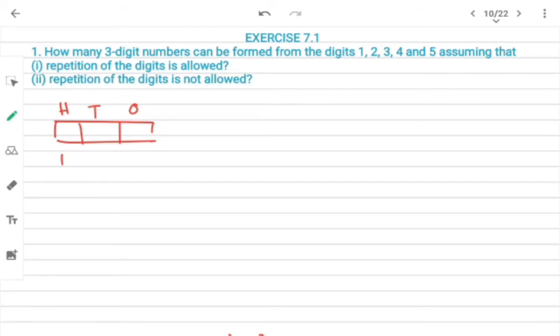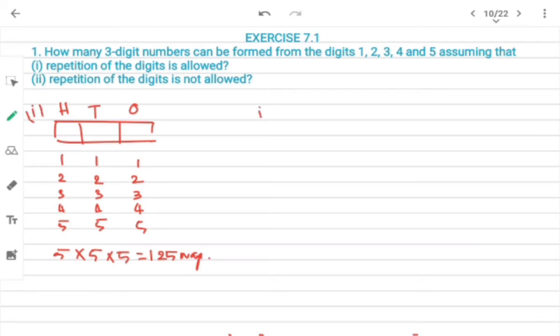So in the 100 place, I have 1, 2, 3, 4 and 5. 5 numbers. In the tens place also, I have 5 numbers, because repetition of the digit is allowed. In the ones place also, I have 5. So the total number of ways is 5 into 5 into 5. 5 into 5 into 5 is what? 125 ways. Okay, fine. This is the first subdivision.